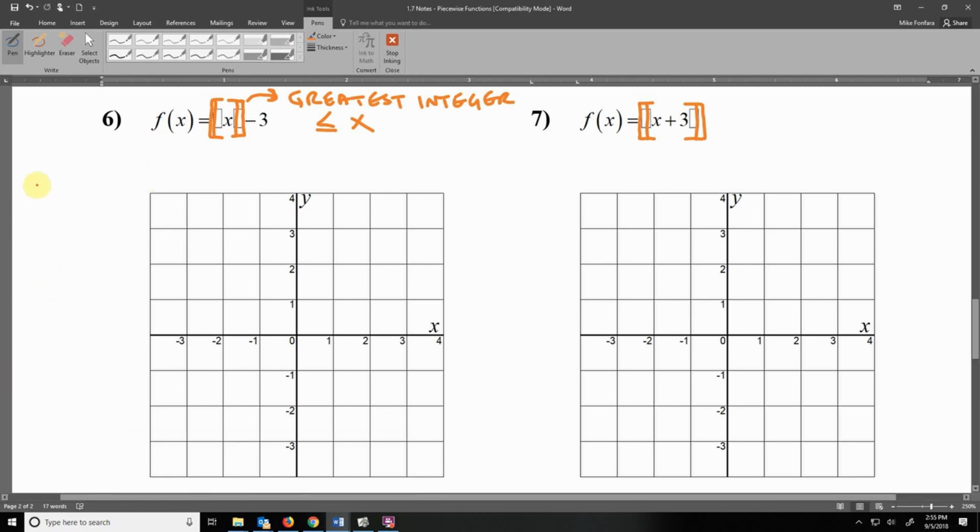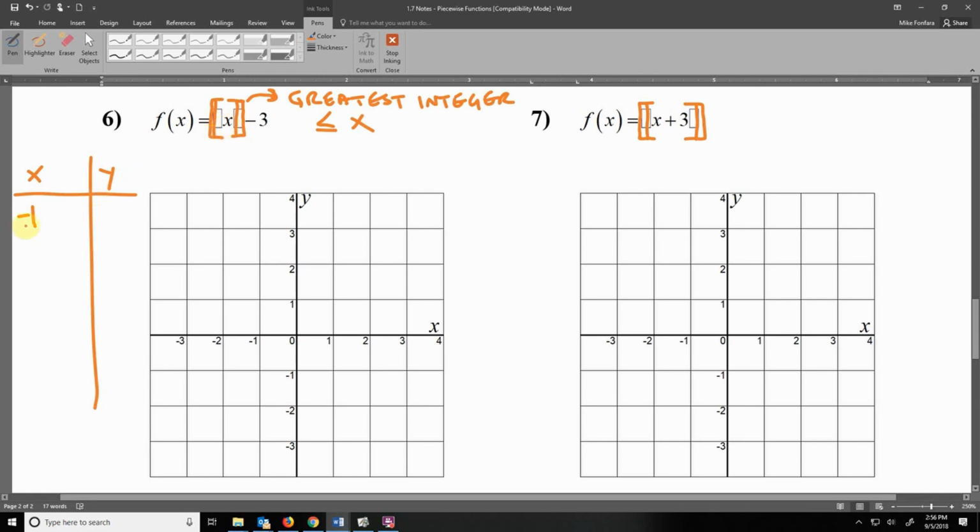Okay, so if I make a chart like I did on the previous page, I'm going to make this x side a little bit wider, and you'll see why in a moment. If I put in, let's say, -1 for x, what is the greatest integer that is less than or equal to -1?